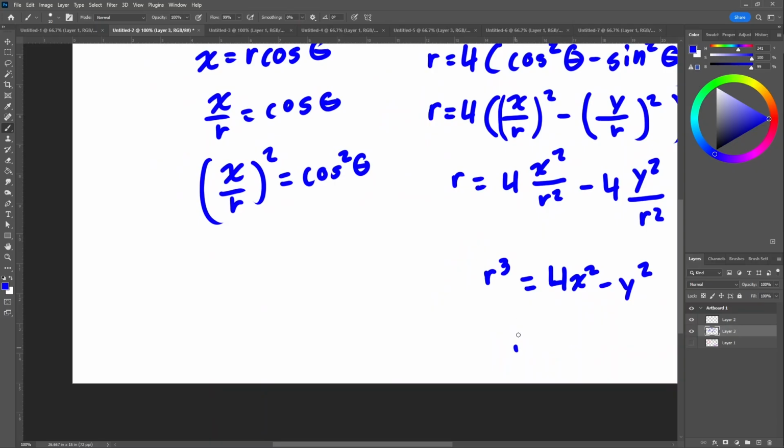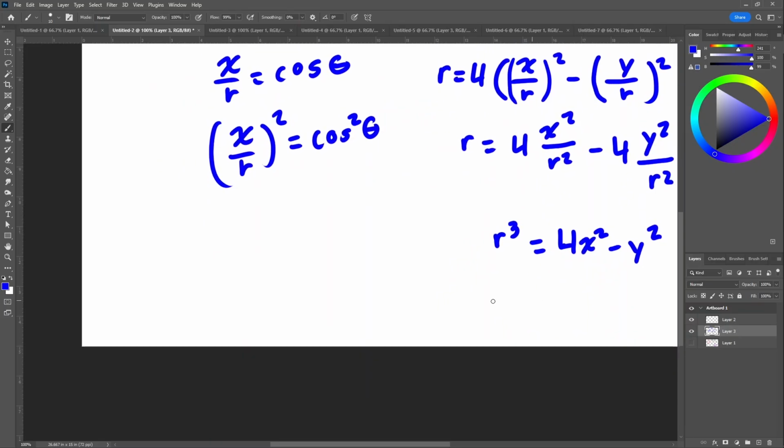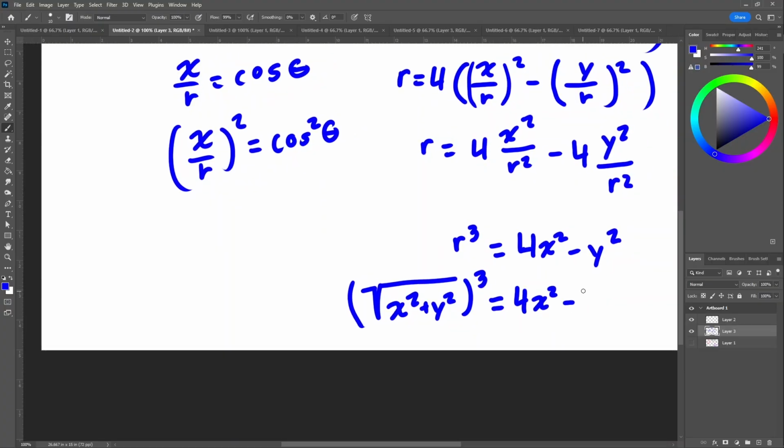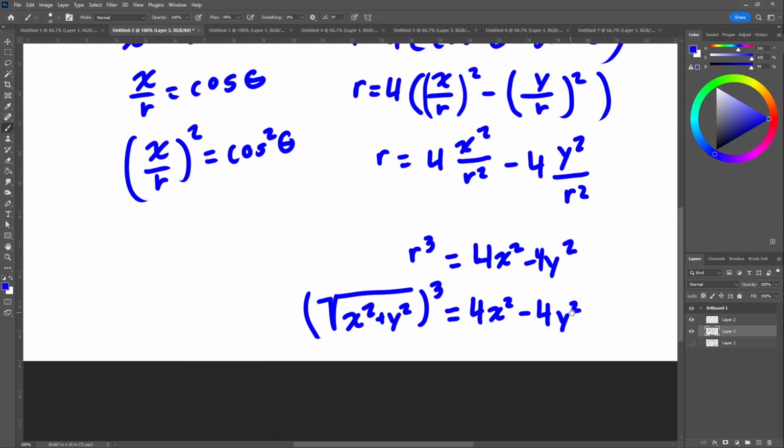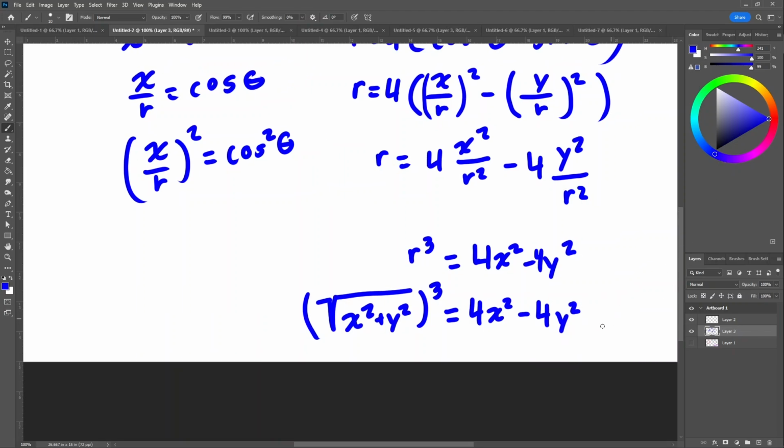And since we know what r is, we can just put that here: the square root of x squared plus y squared, to the power of 3, is equal to 4x squared minus 4y squared. I forgot the 4 over here. But there, that would be our final answer.